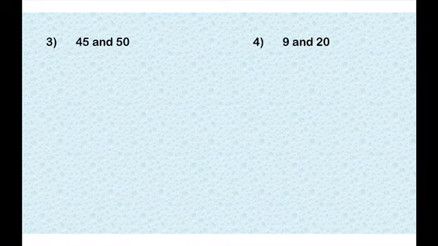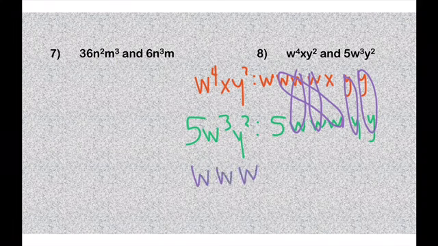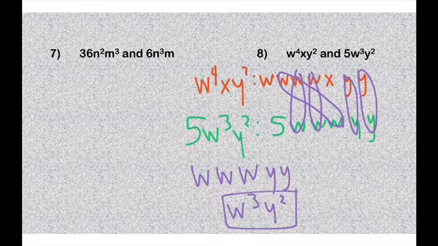They have w, w, oh, and another w, y, and y. So they've got w, w, w, y, y. So that's w to the third power, y to the second power. And that's the greatest common factor. So you're not multiplying these together, you're pulling them apart and you're finding out what they have in common.